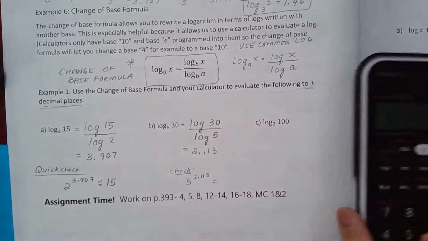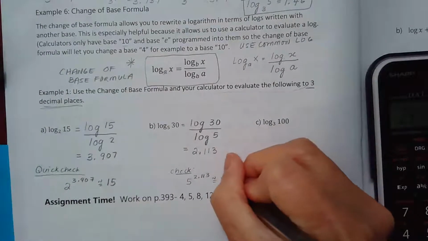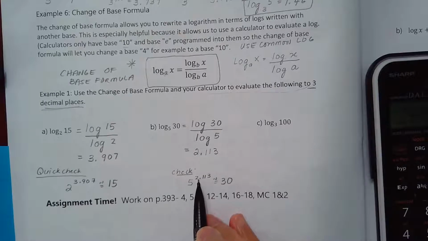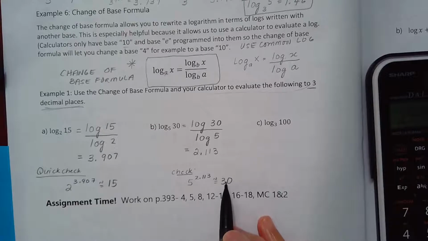So it's very, very close to approximately 30. And this one makes sense because we know 5 squared is 25, so a little bit over 2 will get us to the 30.